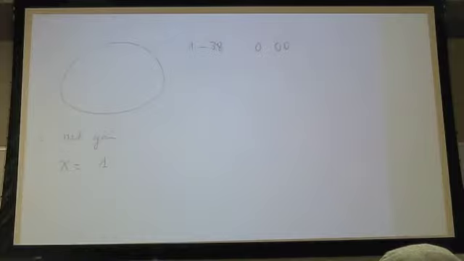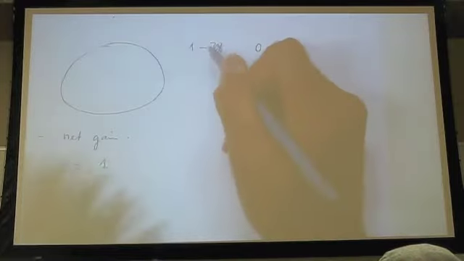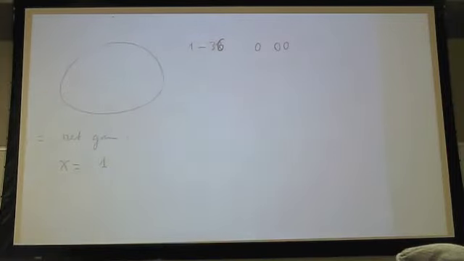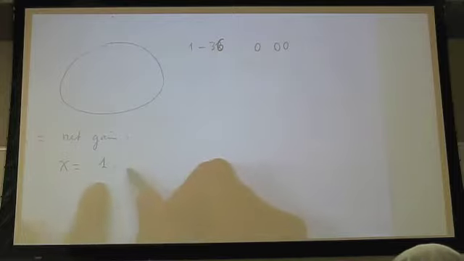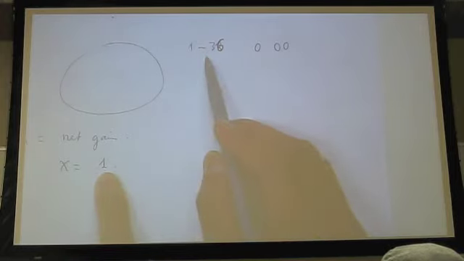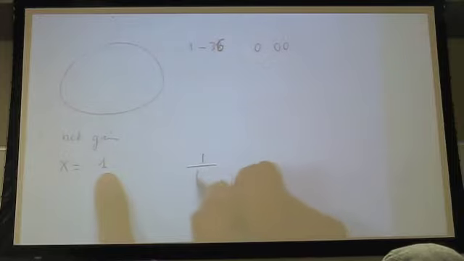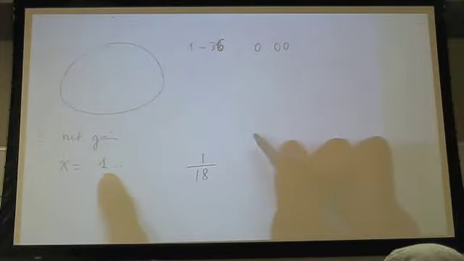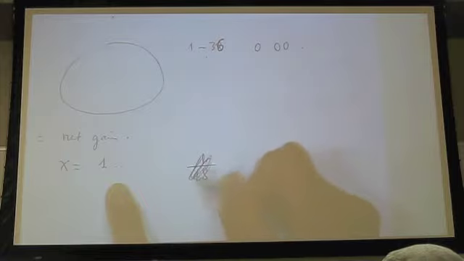Actually 1 to 36 only, I'm sorry. Roulette has 1 to 36 and then 0 and double 0. So 38 outcomes together. If an odd number comes up, you win $1. So how many chances are there for an odd number to come up? 18 over 38, yes.